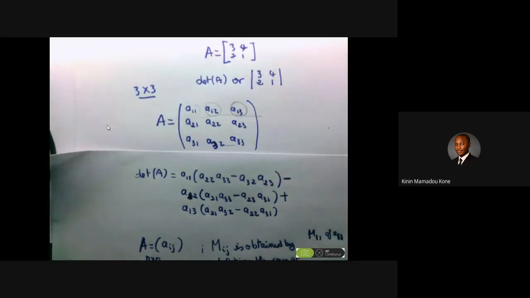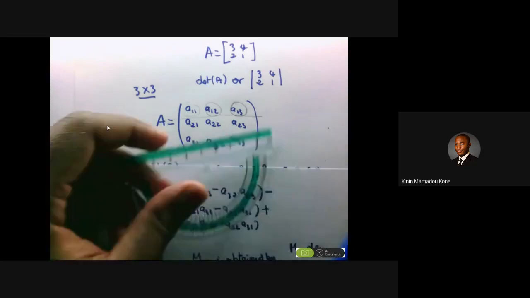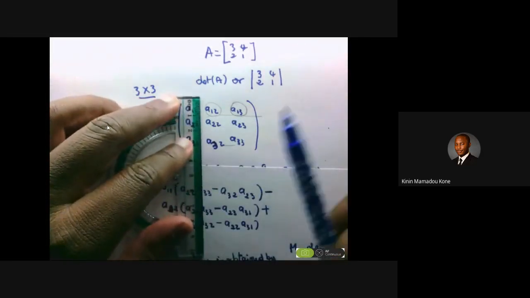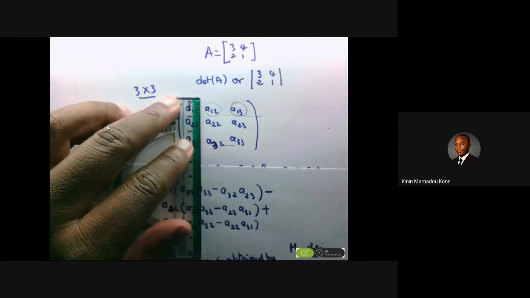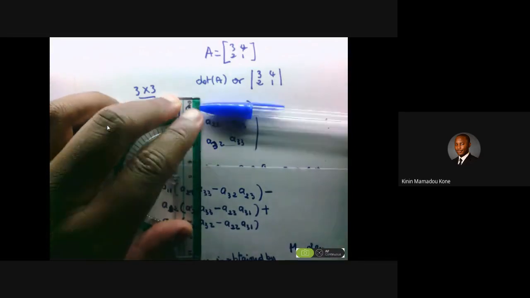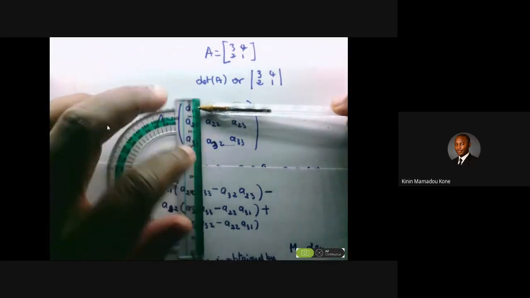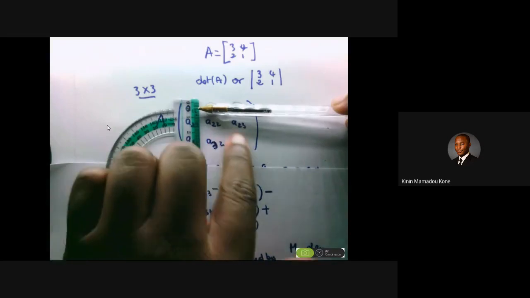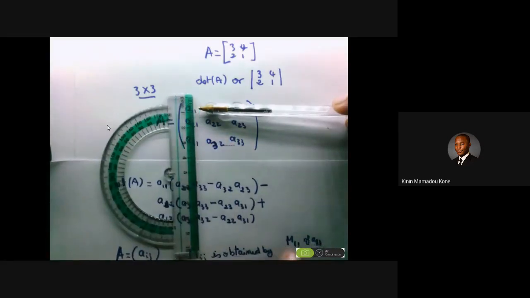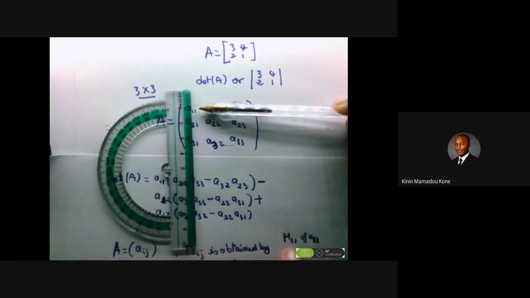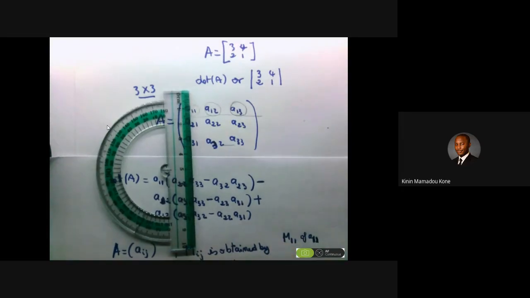Okay, so like I was saying, I have to remove the row containing A11 and also the column containing A11. If I remove that row and that column, I'll be left with this small matrix over here, and that matrix is what we call the minor M11.